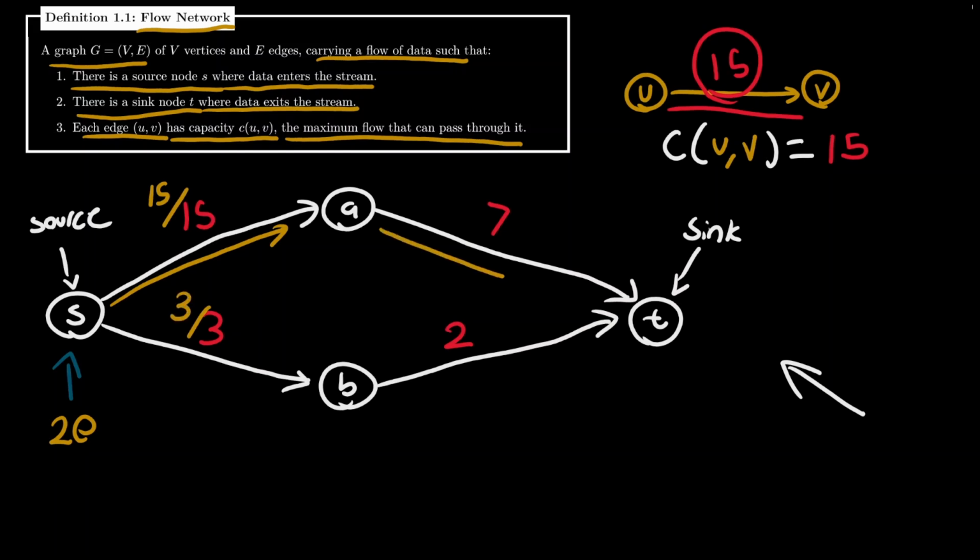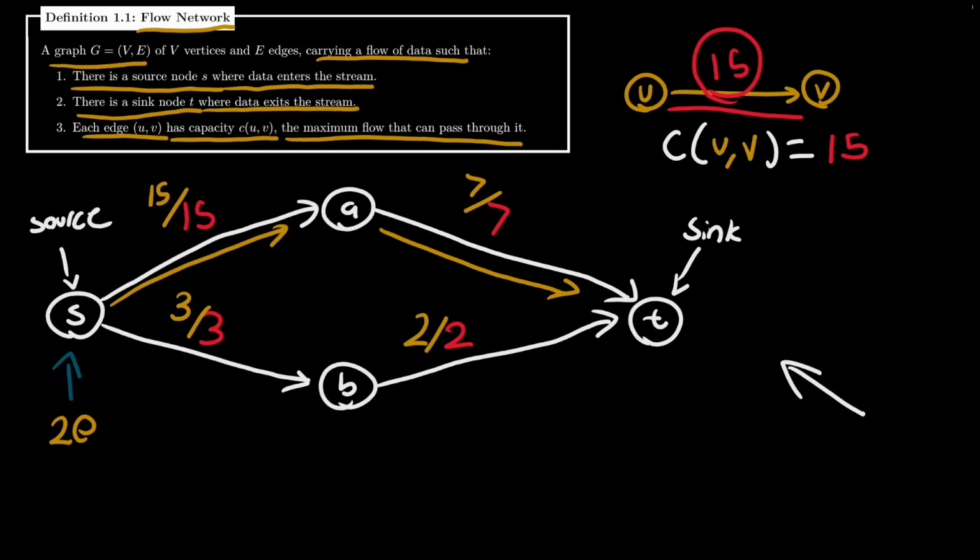And once we reach 7, we can't pump 15 into 7 because it can only hold 7. So at most we can pump in 7, and here at most we can pump in 2.